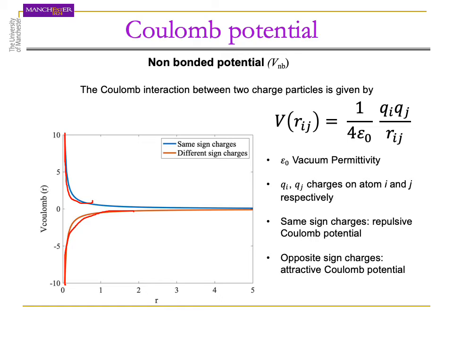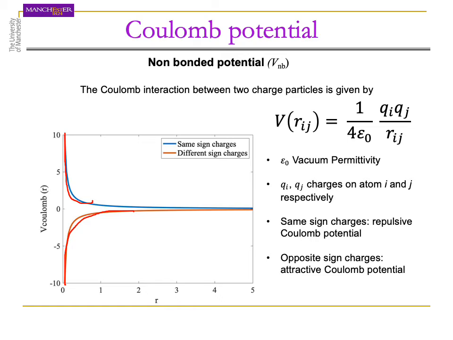In molecular dynamics, differently from quantum mechanics, each atom has a partial charge. It's called partial because it's given in percentage of the fundamental charge. This charge does not vary during the simulation.